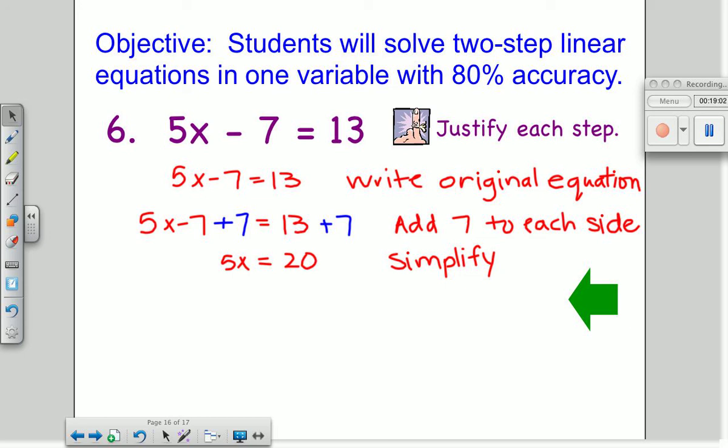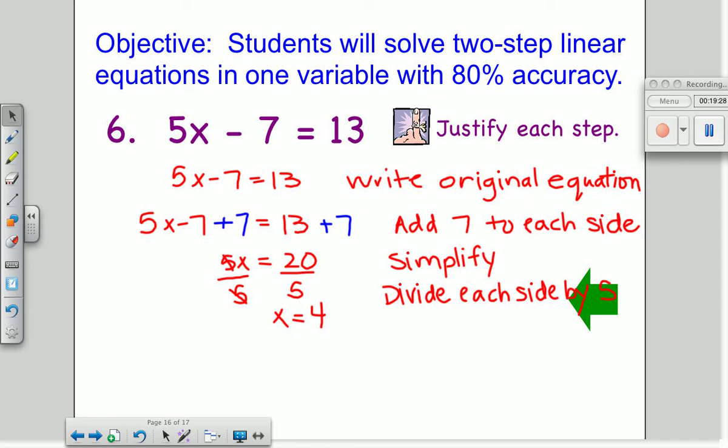Now, I'm going to divide each side by 5. So I'm going to divide by 5 here, divide by 5 here. 5x divided by 5 is x. 20 divided by 5 is 4.